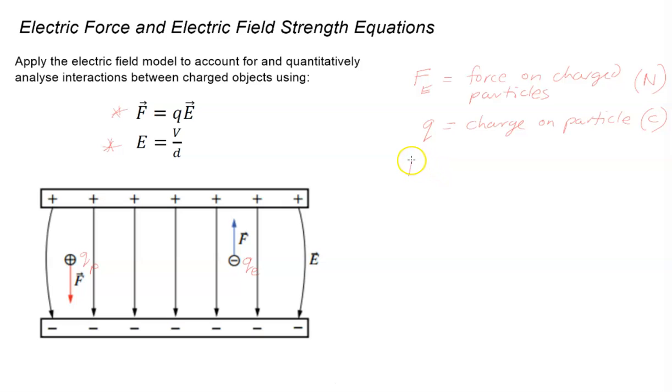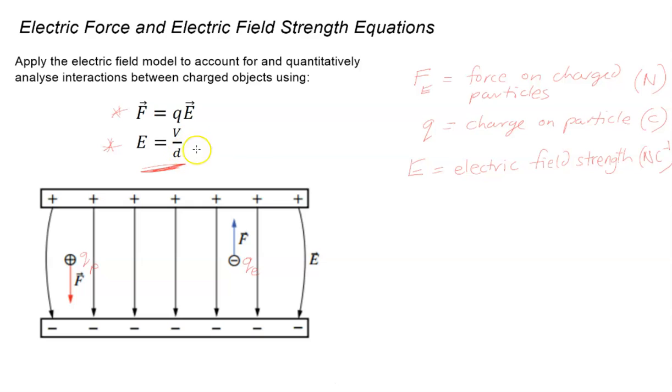Now, E gives us the electric field strength, which is in newtons per coulomb. But looking at this formula here, we can see that the electric field strength could also be volts per meter, because the potential difference, or voltage, is in volts, and this is referring to the distance between the plates, which is measured in meters.